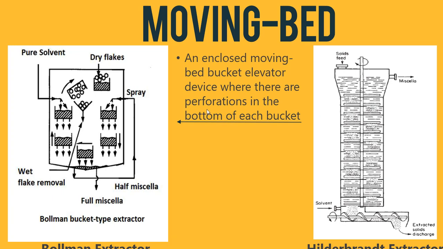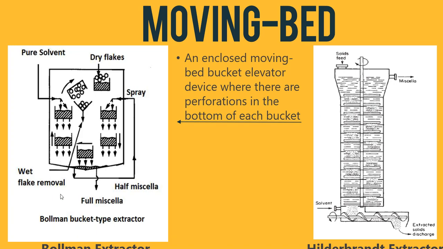The purpose of the perforations is that as your solid passes through, the pure solvent leaches out the solute from the solid. Furthermore, more buckets are being flown here, that way your pure solvent is going to leach the solute of interest from the solid inside the bucket. That is in the case of your Bollman extractor.